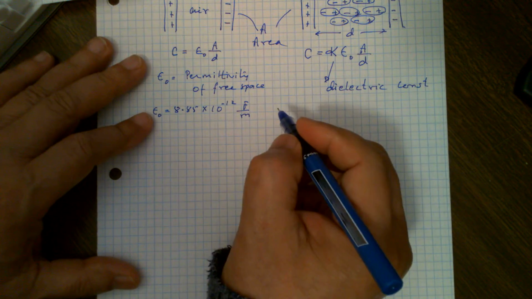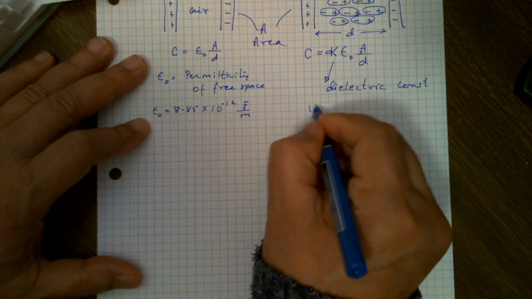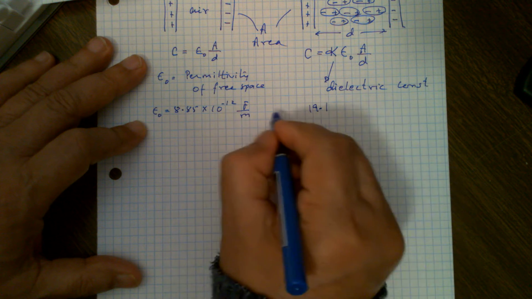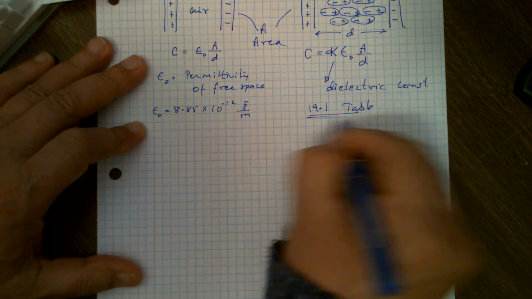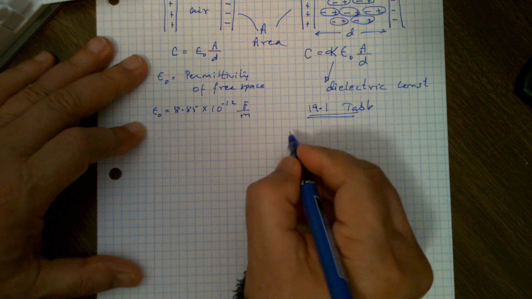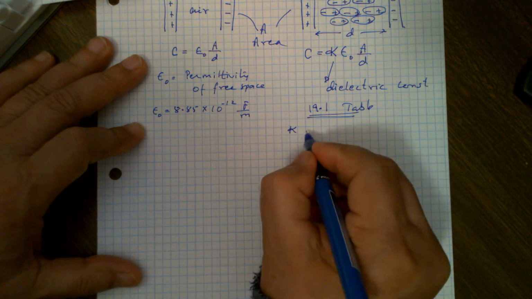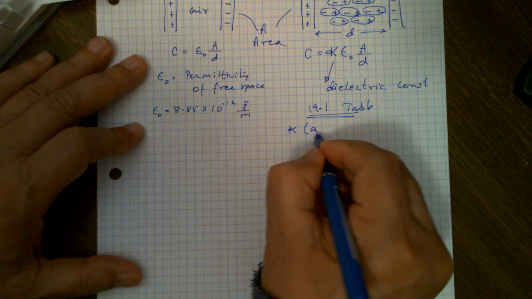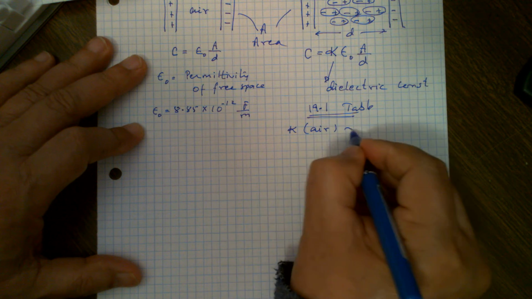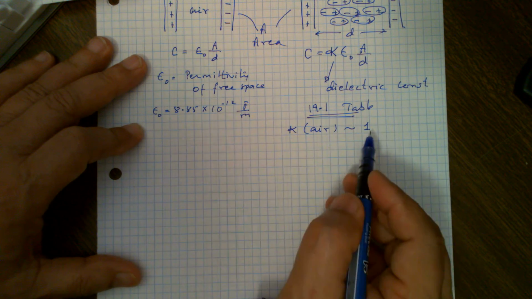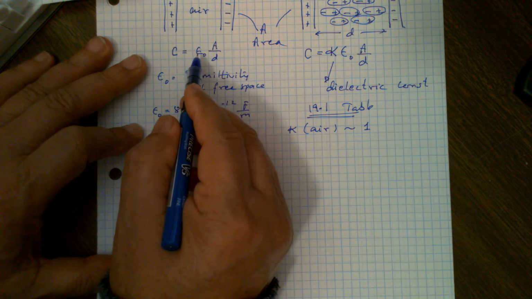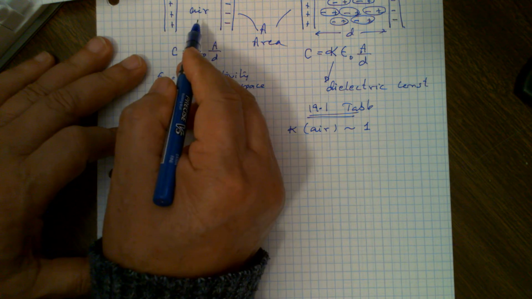Okay, so if you go and look at table 19.1, then you will see that, for example, kappa for dry air is very close to 1, approximately equal to 1. That's why it's good to use just epsilon naught for air-filled capacitors.